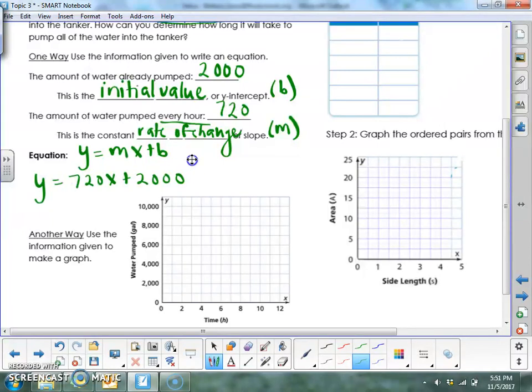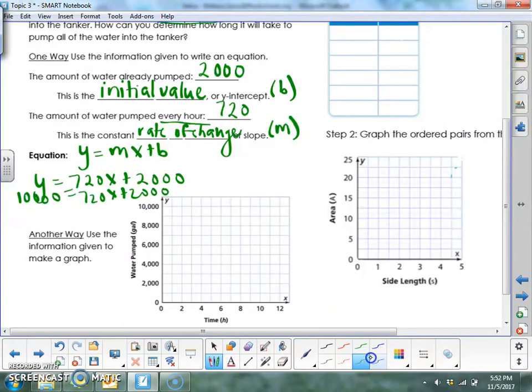Okay, so if I wanted to know how long it was going to take to pump that out, I could plug in 10,000 for my y because that's how much water is in the pool, and see how many hours it's going to take to get those 10,000 out.